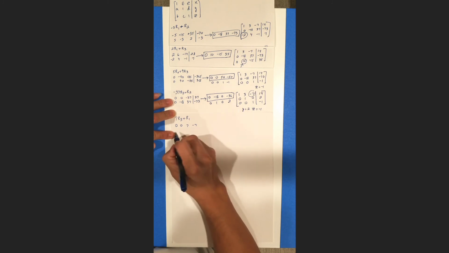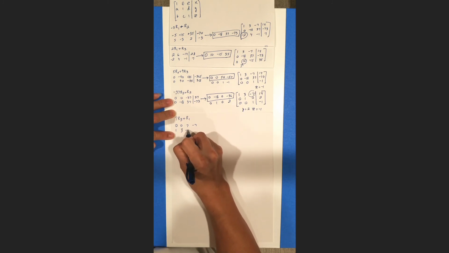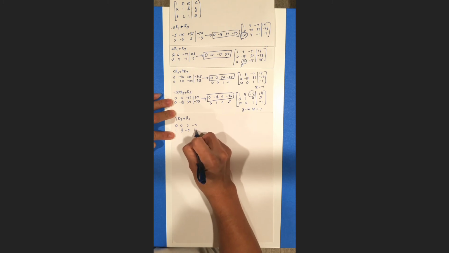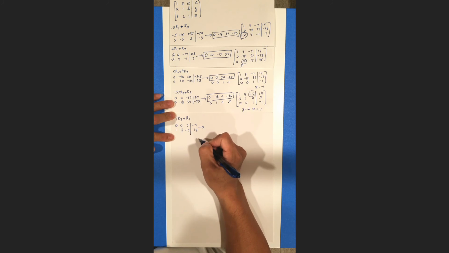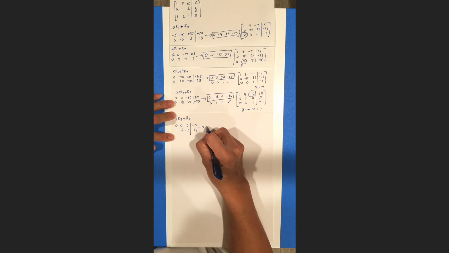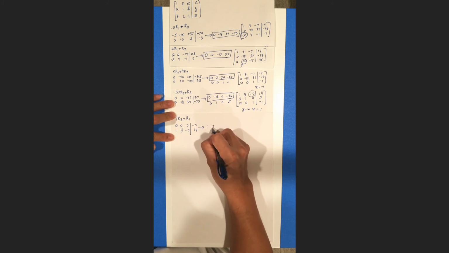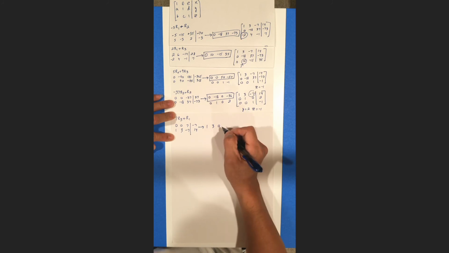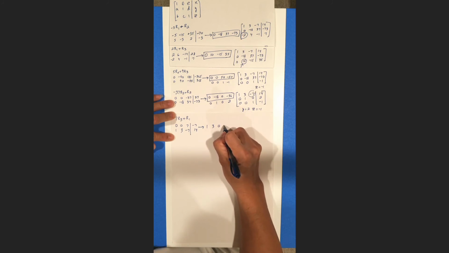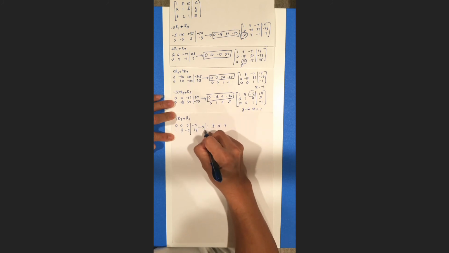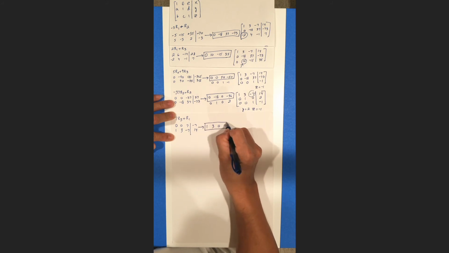And I'm going to add this with row 1. Row 1 is 1, 3, negative 7, and 14. Okay, so now I'm going to add these. By adding these, I'm going to get 1, 3, 0, and 7, right? So here's my brand new equation.